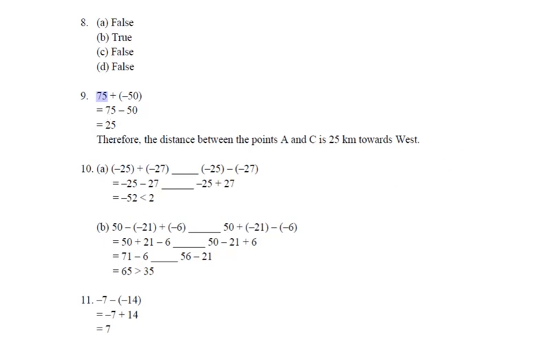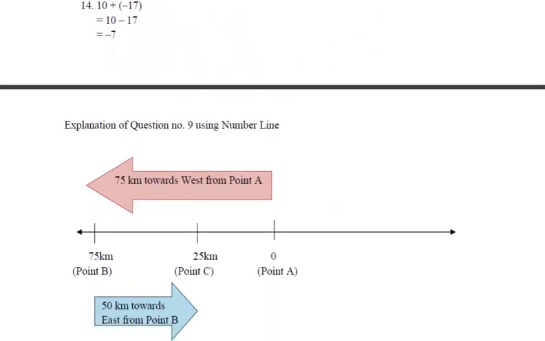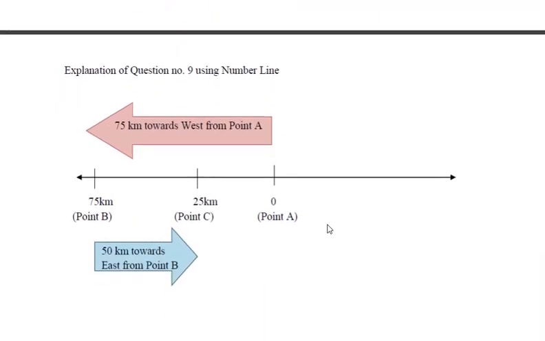To understand this in a better way, I have sent you the PDF by making this number line also. Let's assume that this 0 is the point A. Towards the right hand side it is east, and towards the left hand side it is west.